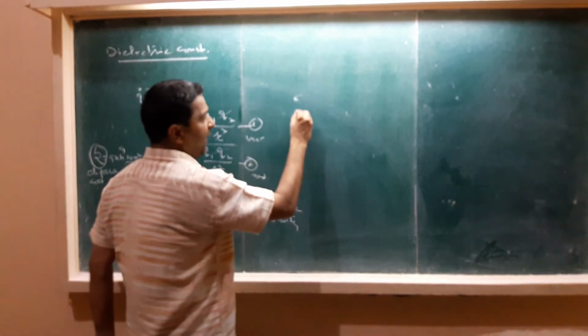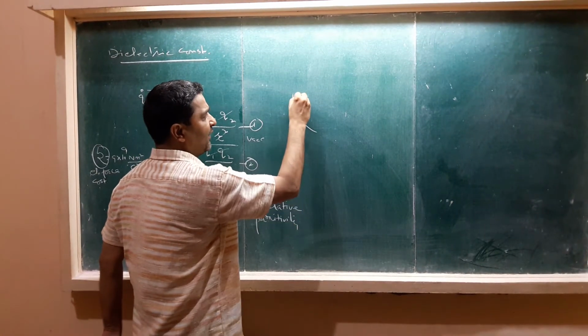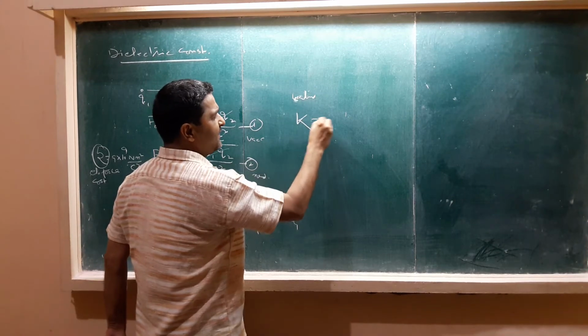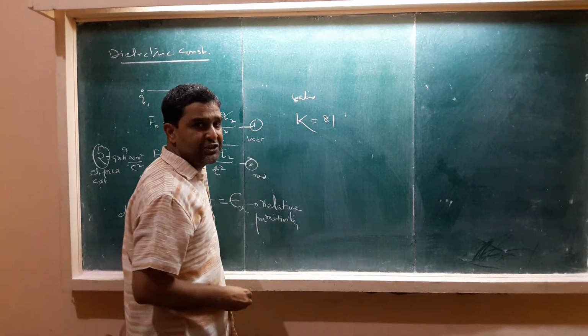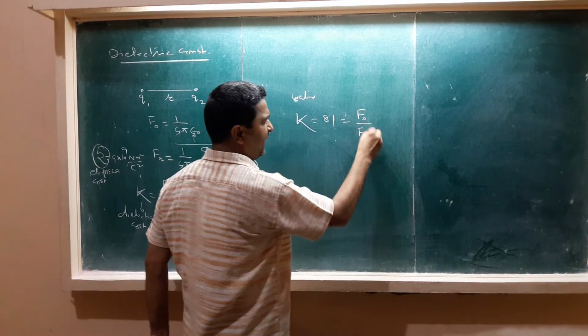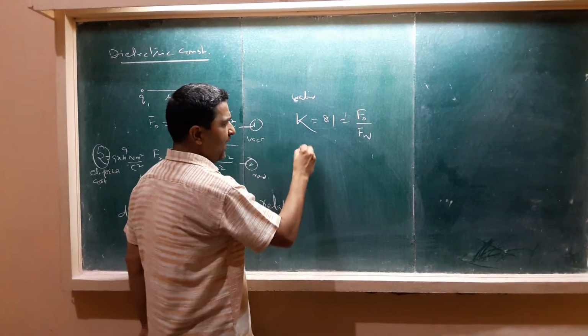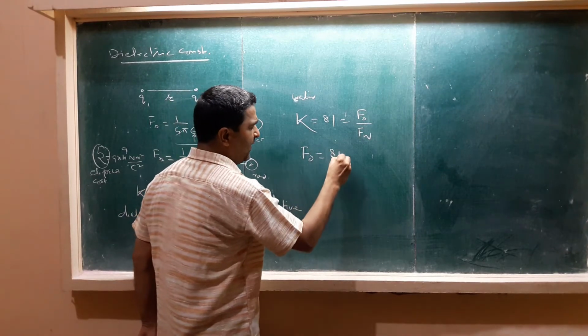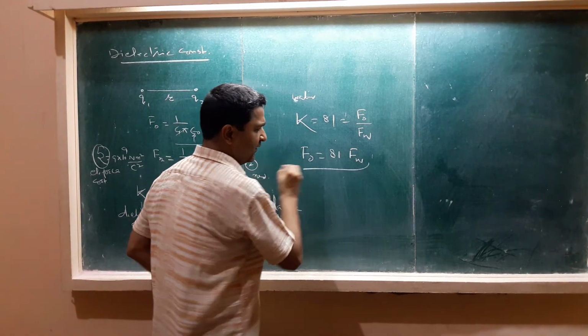Let me tell you an interesting thing for water. Water K is 81. What does it mean? This is nothing but F0 by F in water. Means F0 is equal to 81 times the force in water.